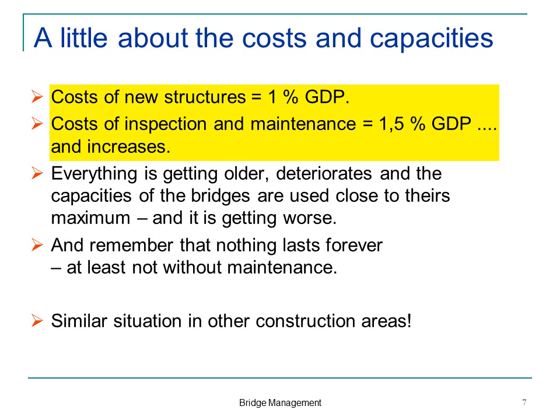Yeah, a little bit about cost and capacities. This is actually one of the most interesting slides, because it contains 2 important pieces of information. We spend about 1% of the gross domestic product on building new structures for the infrastructure. We spend 1.5% maintaining those we have already built.